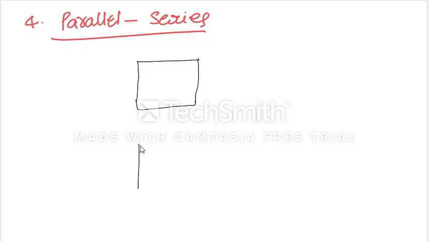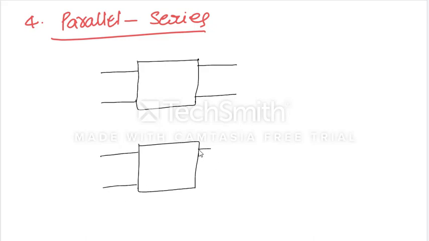This is port 1 and this is port 2. Now we can say this has network A, this has network B.